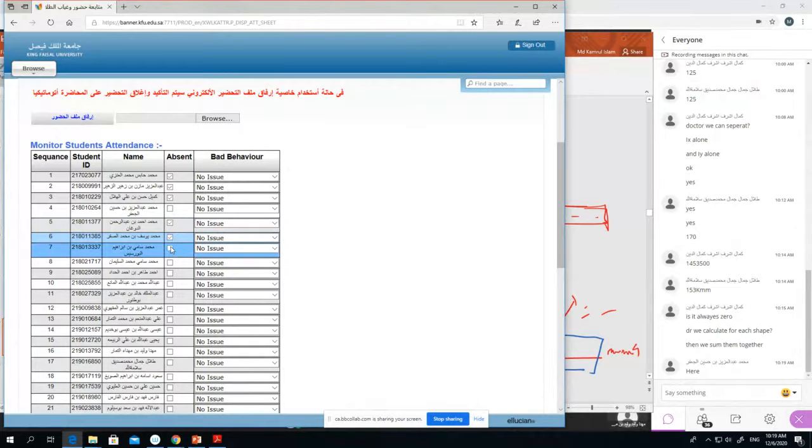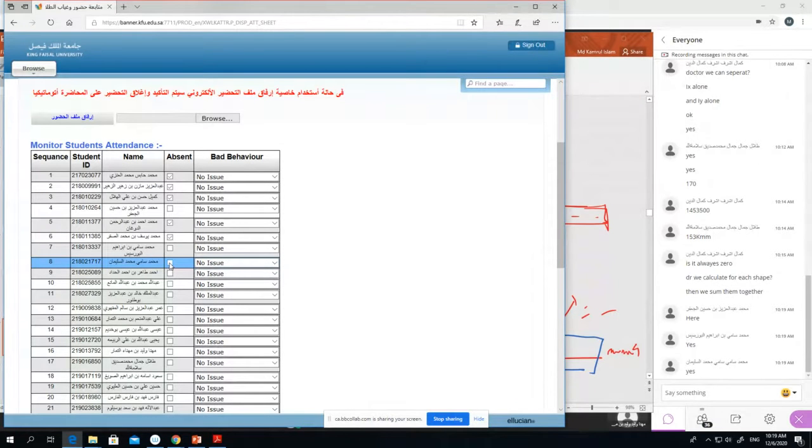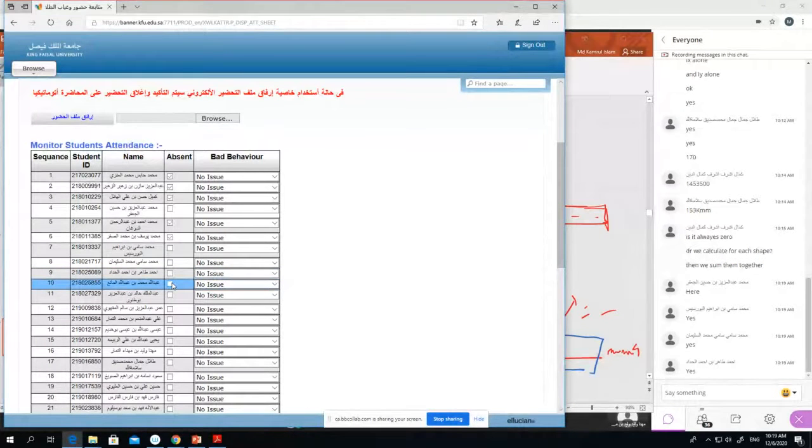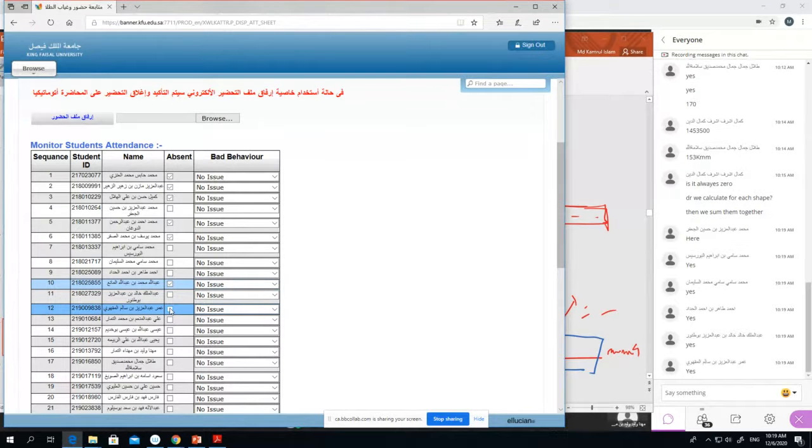Muhammad Sami, is there, right? Muhammad Sulaiman, okay, good. Ahmad Tahir. Abdullah Muhammad, absent, right? Abdul Malik Khalid is here. Umar Abdul Aziz is there.